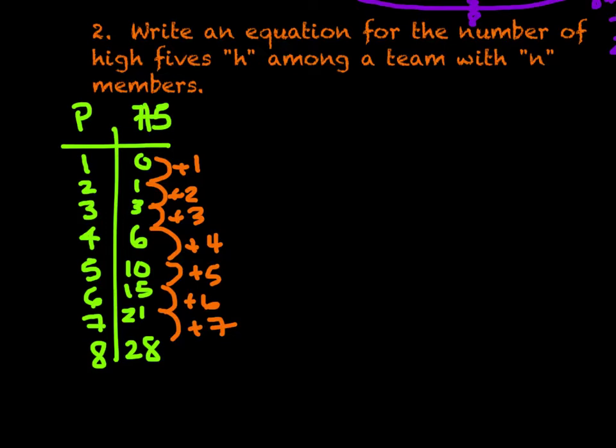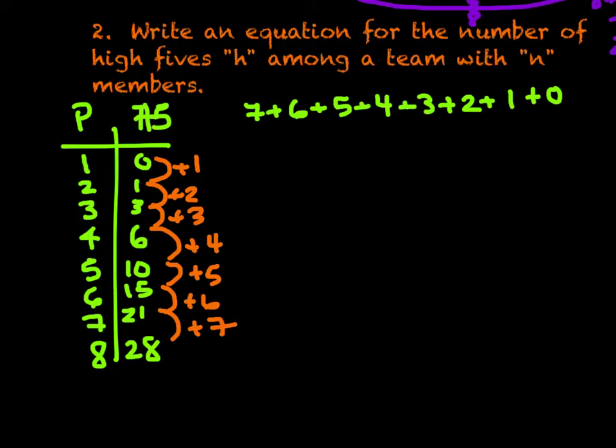From there, we need to think about how we can make this data work for what we need to have happen. So what I noticed with our data, I'm just going to look at our 8-person high five. We have 7 plus 6 plus 5 plus 4 plus 3 plus 2 plus 1 plus 0, essentially.